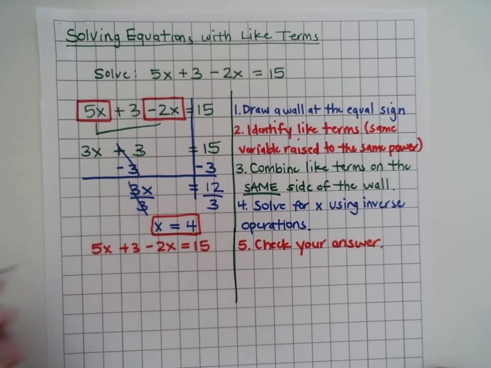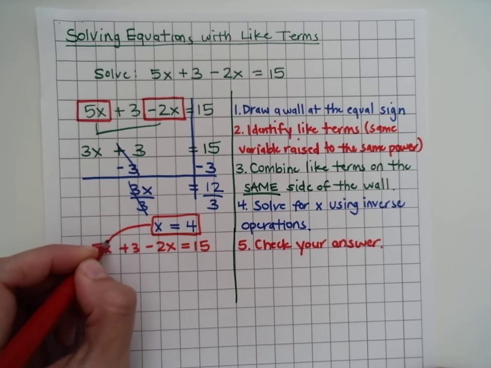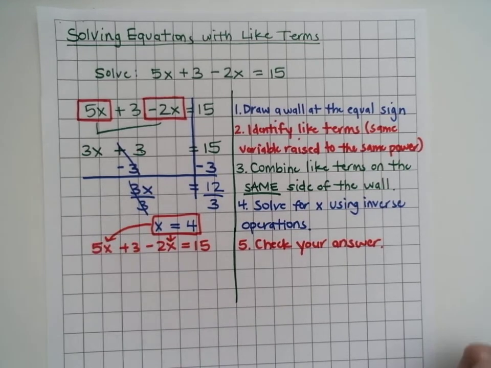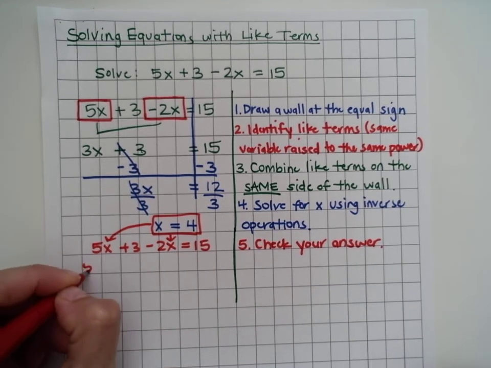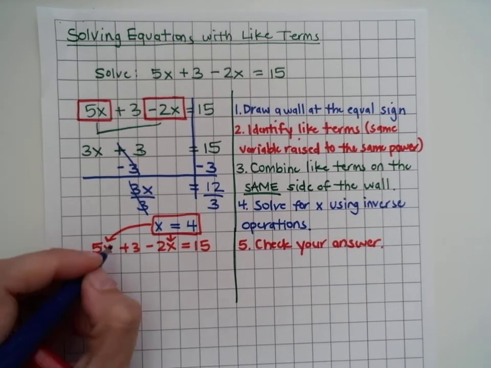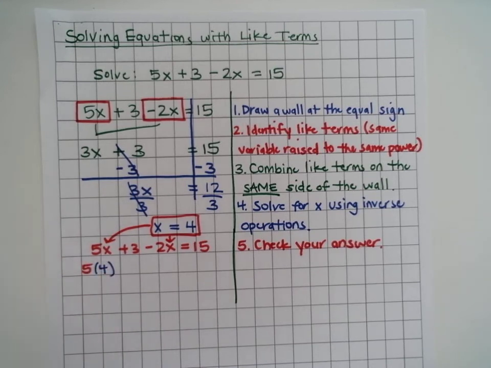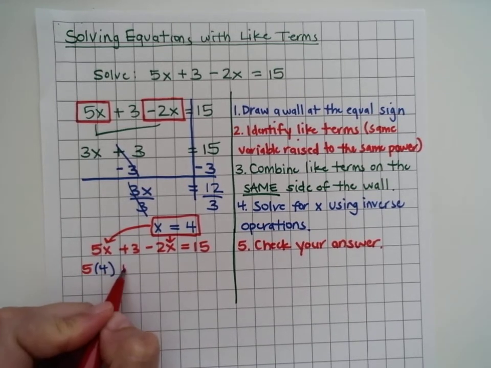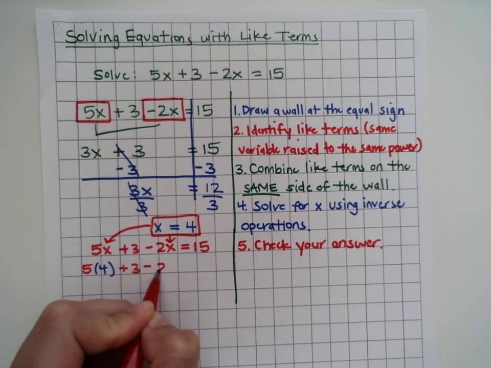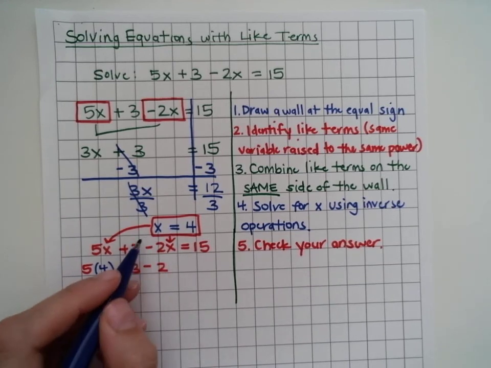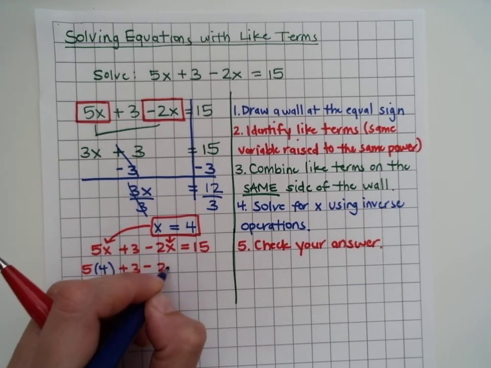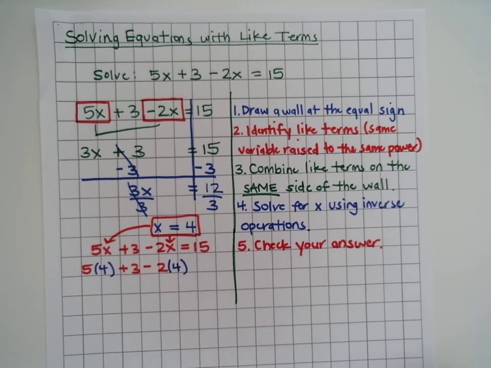We're going to take x equals 4, and this time we have to substitute it in for 2 different x's in our equation. So we have 5 times x, but we know what x is, or at least we think we know what x is, plus 3 minus 2. So everything stays the same, except instead of writing x, we're going to replace that with 4.